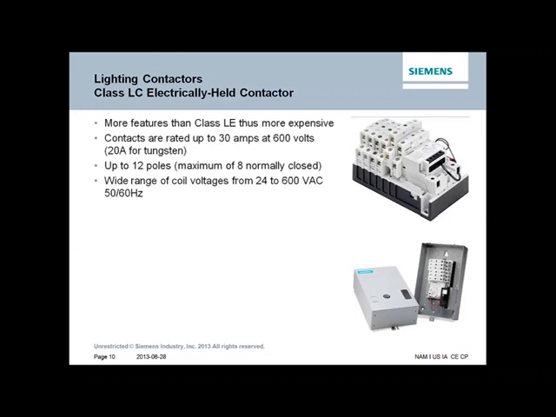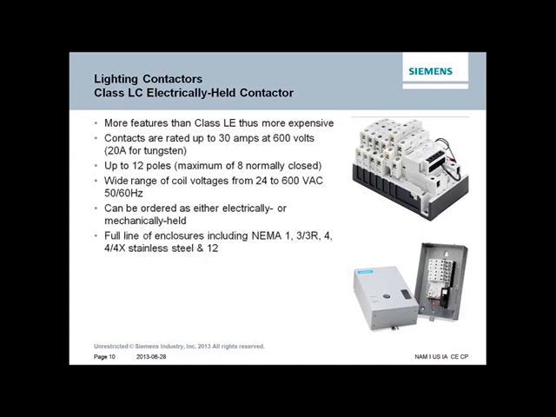The Class LC can be ordered as either electrically held or mechanically held, or it can be converted in the field with a conversion kit. The same full line of enclosures as with the LE, NEMA Type 1, Type 3R, 4 painted, 4X stainless steel, and NEMA 12. Also the same full line of factory and field modifications as with the LE line.